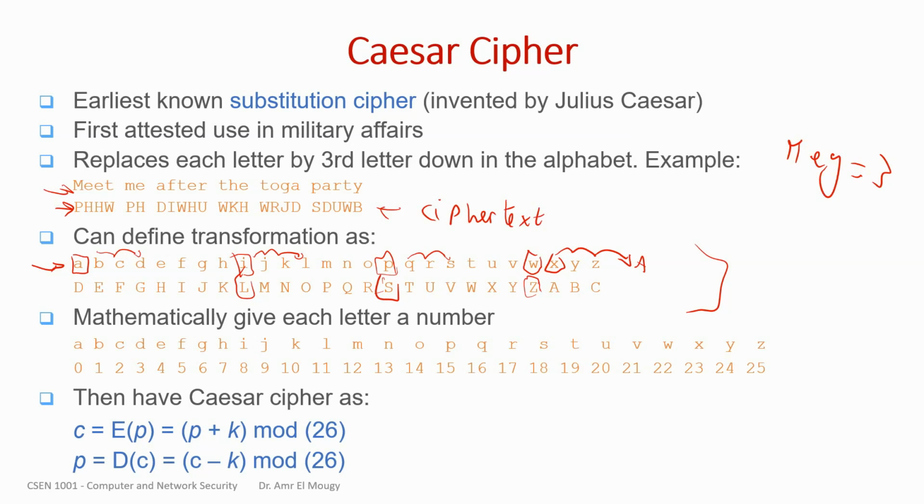Obviously, this doesn't have to be the case. The key can be anything from 1 to 26. You can have just the next letter, so you replace A with B and B with C and C with D and so on, or any arbitrary key between 1 and 26.